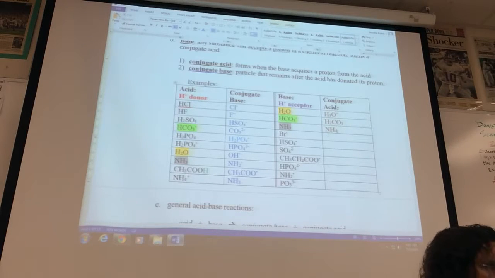You got it. Usually the H goes in front unless you have a Cu group. So bromide ion's going to become HBr.